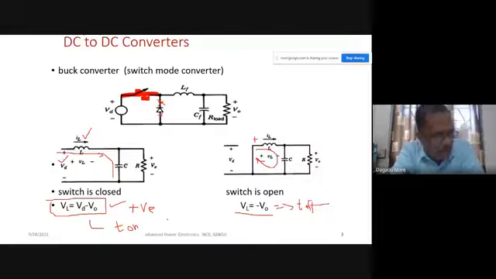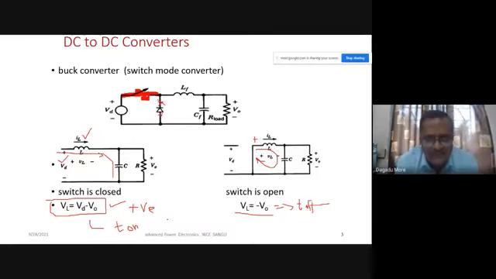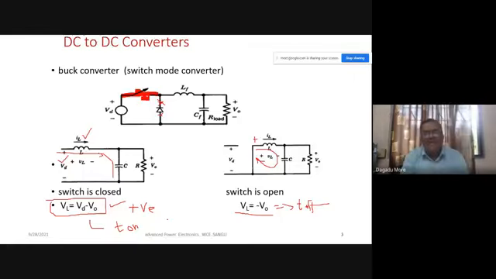So how do we make the circuit compact? Any option available? Except for the load, this will be our converter.